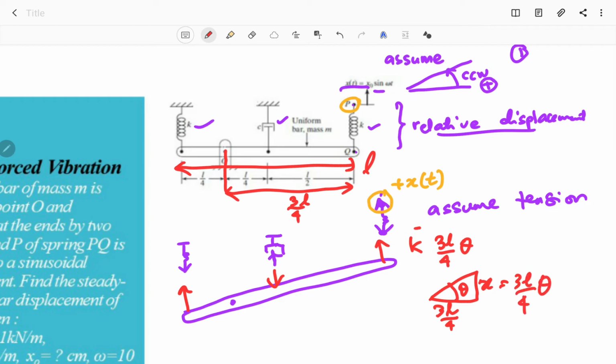Okay, I hope you remember that. Then you have to minus, so this one is supposed to be x minus. So that will be x minus 3L over 4 theta.